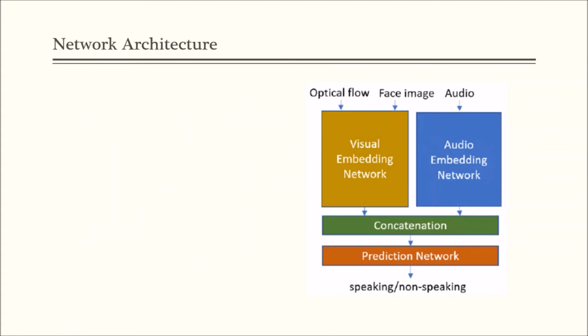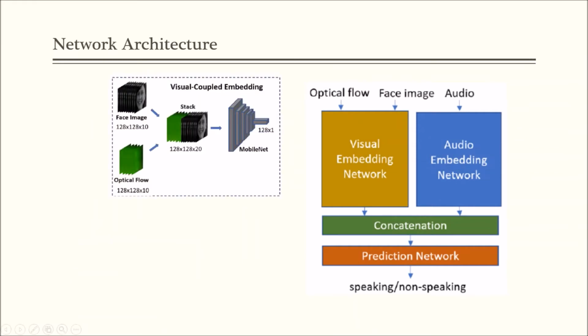To fuse face image and optical flow, we apply two architectures of visual embedding networks: coupled embedding and independent embedding. For the coupled embedding, we extract the optical flow from the consecutive face images, and then stack both the face image and optical flow together and feed them into the MobileNet.